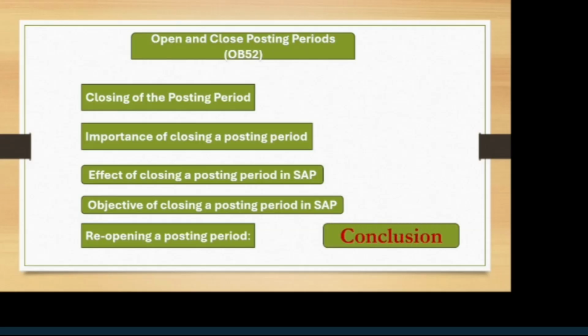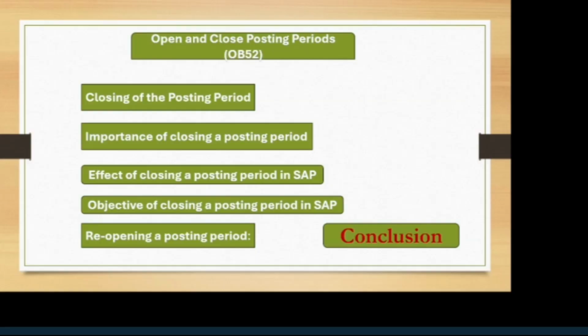So if there is a good reason behind not being able to post the entries, it can be reopened by those managers. In conclusion, I can say that results always depend upon the quality of decisions we take. And the quality of decisions we take depends upon the quality of the information that we have. So it's important for us to provide the correct financial position to our employees so that they can take correct decisions in our business.